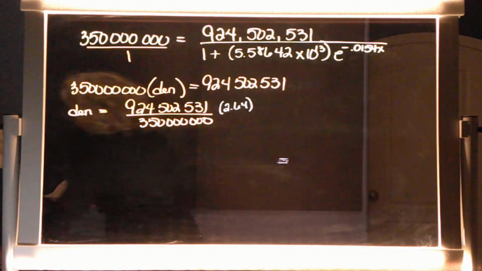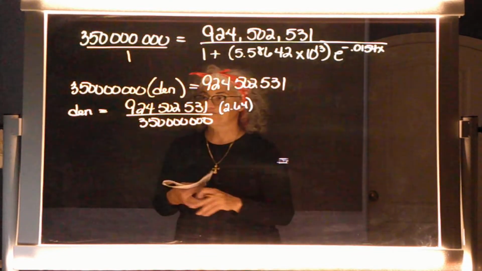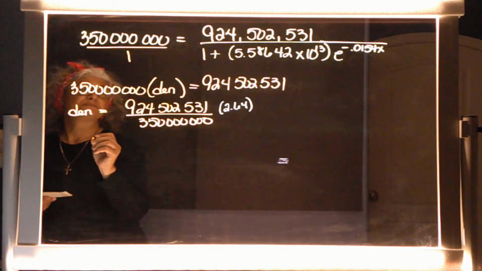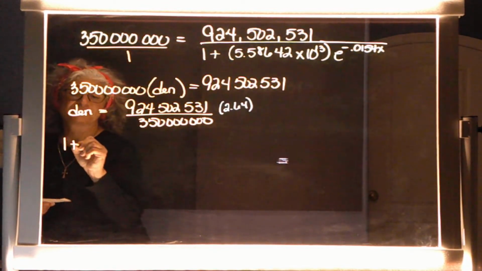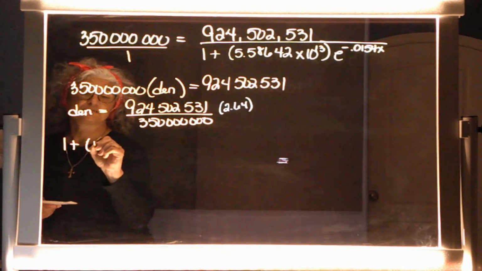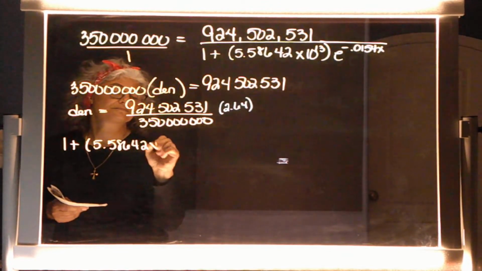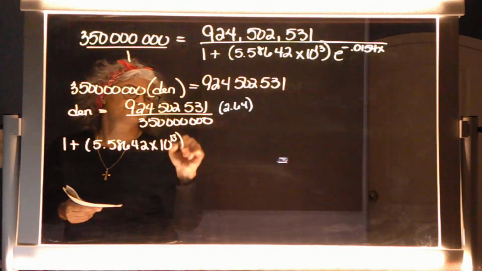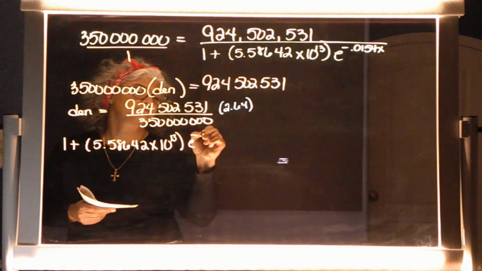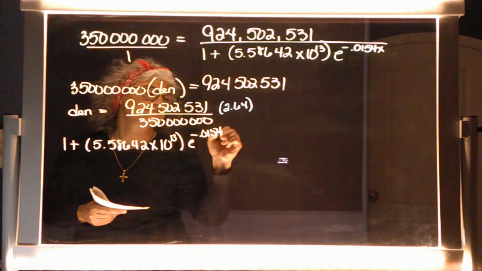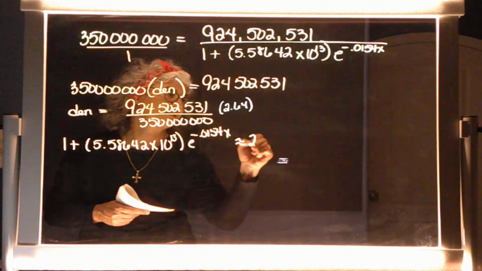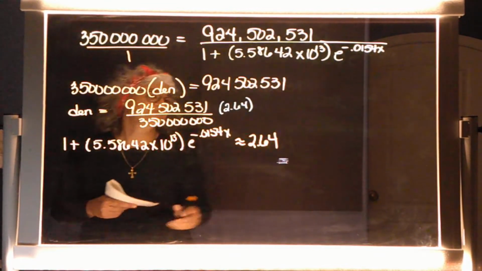Leave it in there. You don't want to do any rounding. So, my denominator is this lovely number. And it's approximately equal to this decimal.